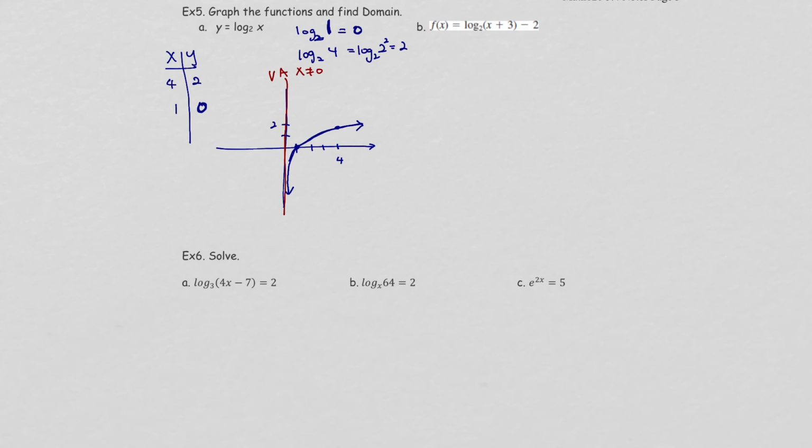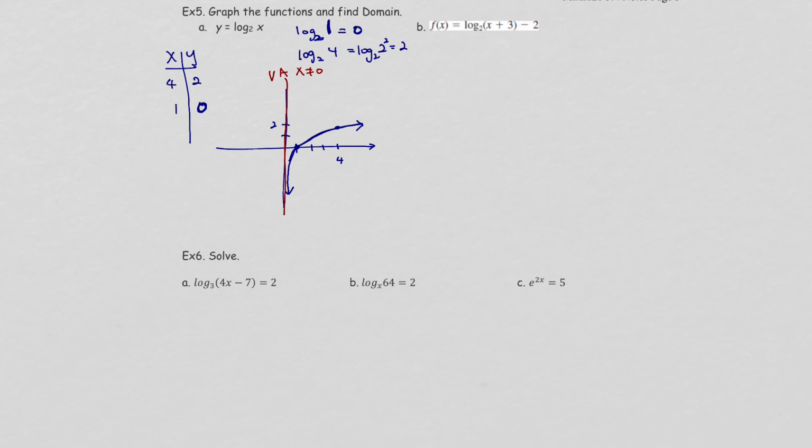Using the transformation, because this is the same thing, right? Log base 2 is the basic function. On our x, you have a plus 3 and a minus 2. So this is going to give you moving left 3 and going down 2 from your graph.